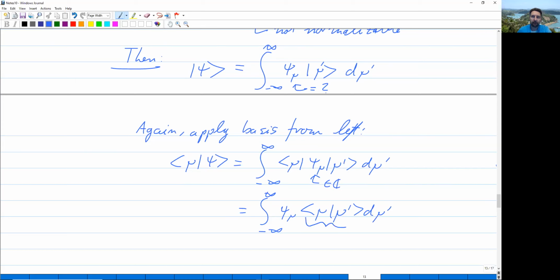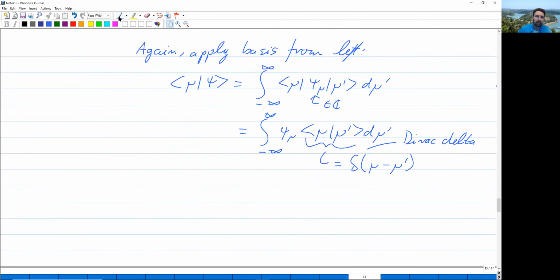Now, these guys are also normal, turns out, but normal with respect to what is called the continuum normalization. So <mu|mu'> is delta of mu minus mu'. This is a Dirac delta, which I'm sure you've seen before. And that means that we obtain that this is equal to the integral over R of psi mu' delta mu minus mu' d mu'.